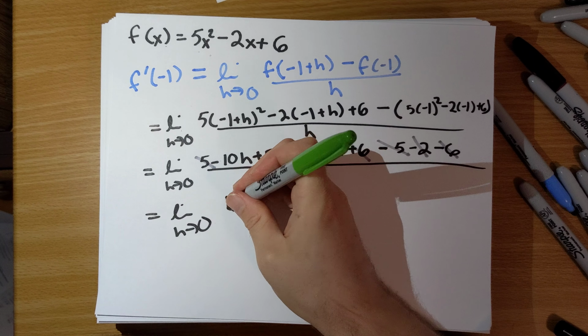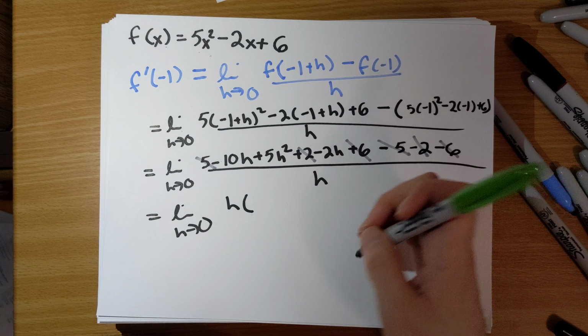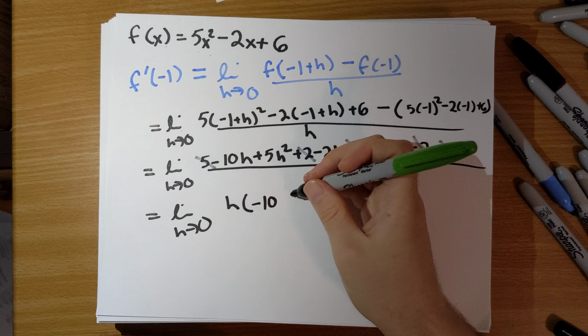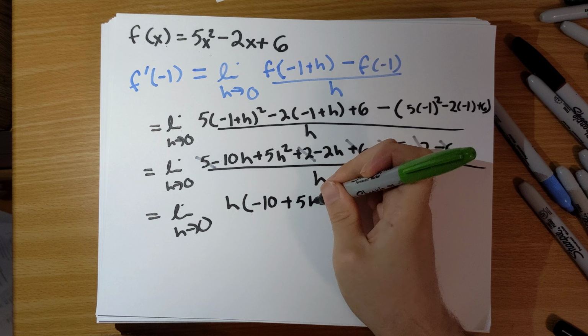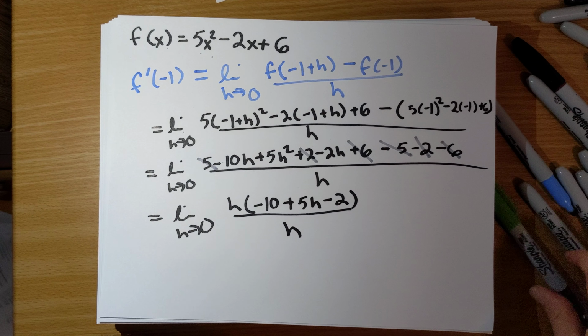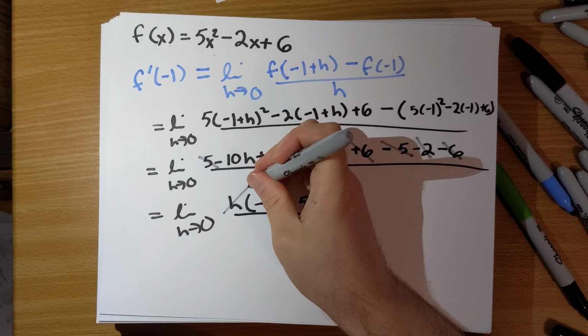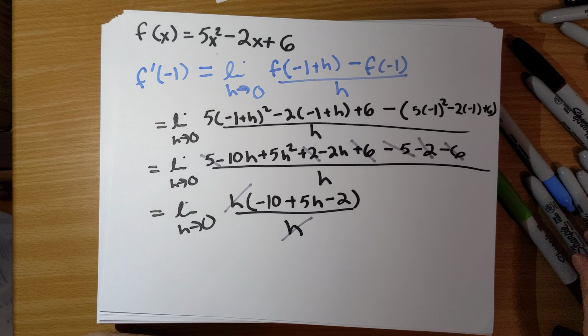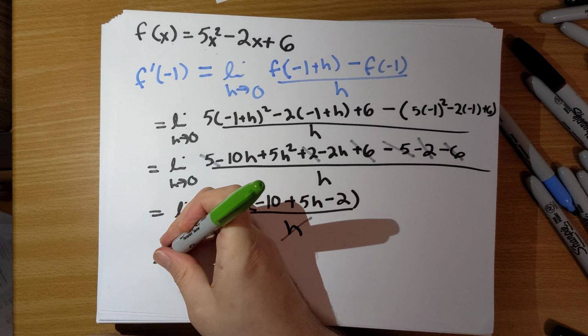So we can factor out an h from each one of those. -10 plus 5h minus 2, all of that over h. And now, why do we factor out that h in the numerator? So that we can cancel out with the h in the denominator.